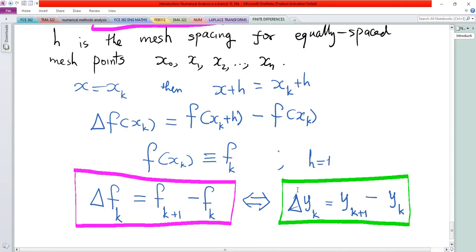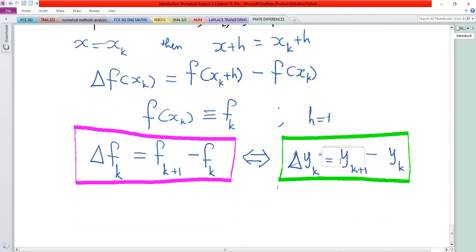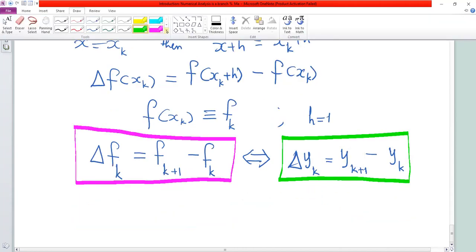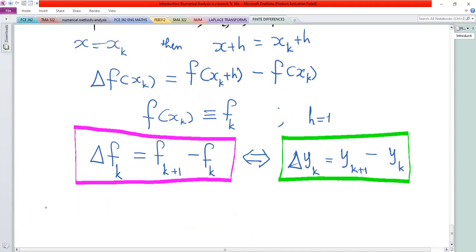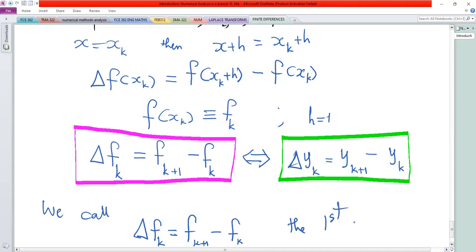Now, this is what we call the first forward difference.